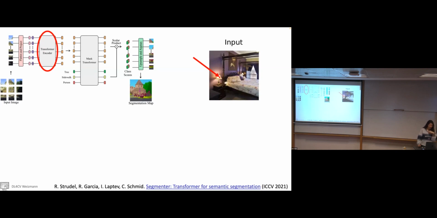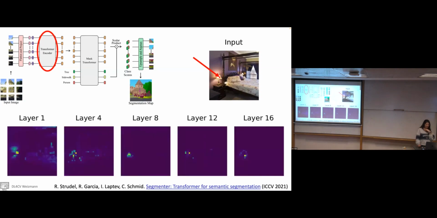Another nice property of the encoder is that the semantic segmentation appears as you go deeper in the layers.